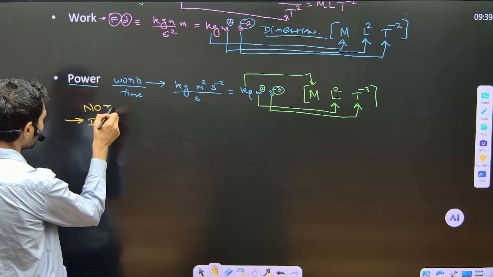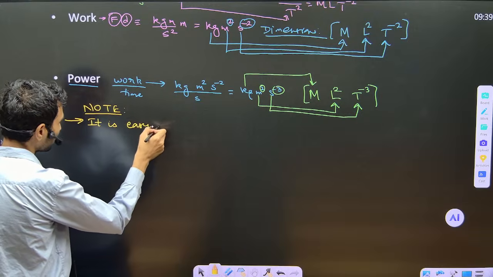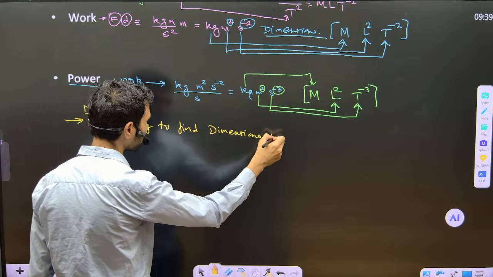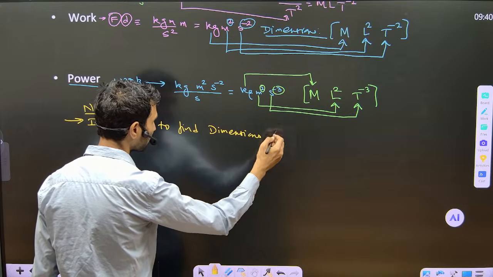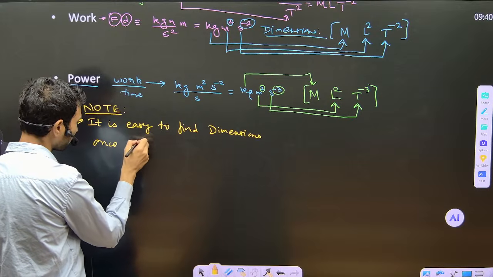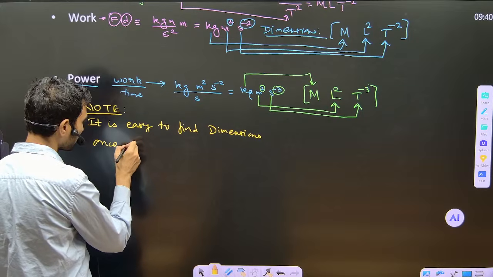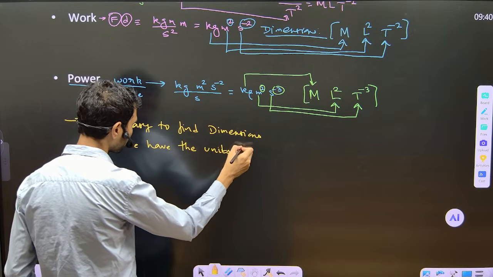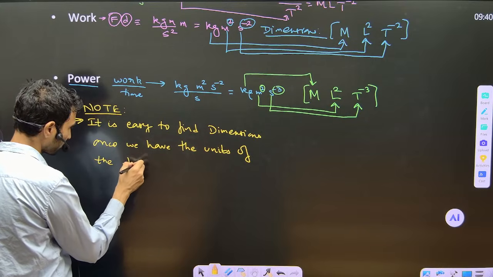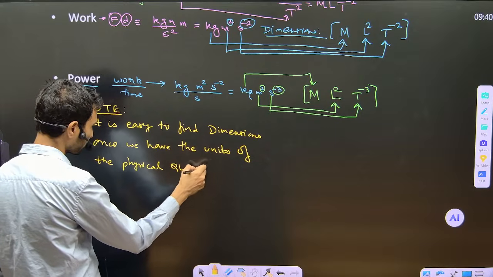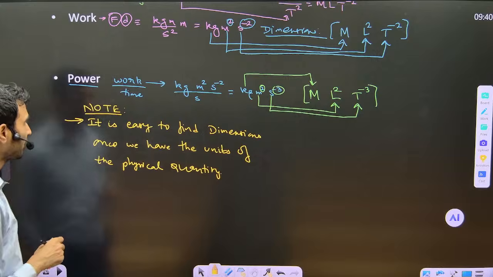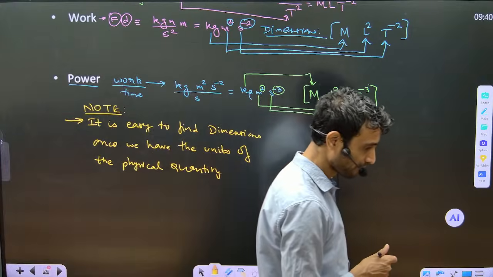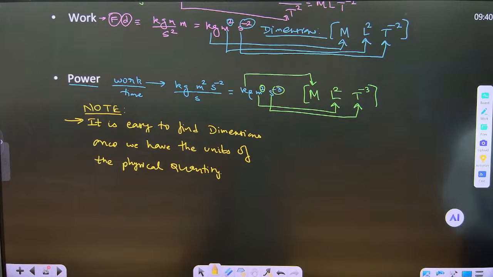The note, take this down. It's easy to find dimensions once we have the units of the physical quantity, right? So take all this down.